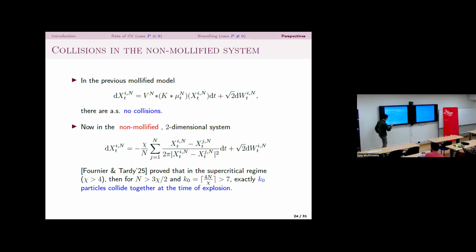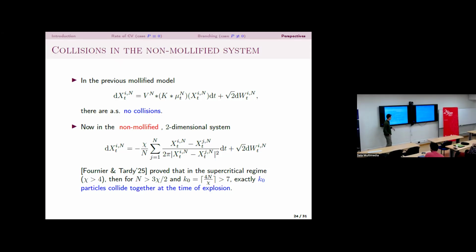So I'm back to the bad guy somehow. I'm talking only about dimension 2, in which we can really say interesting stuff. It's not modified, so it's really this one I'm talking about. You see the parameter chi here, which is very important. Here it's the Keller-Segel kernel, which has been written explicitly.